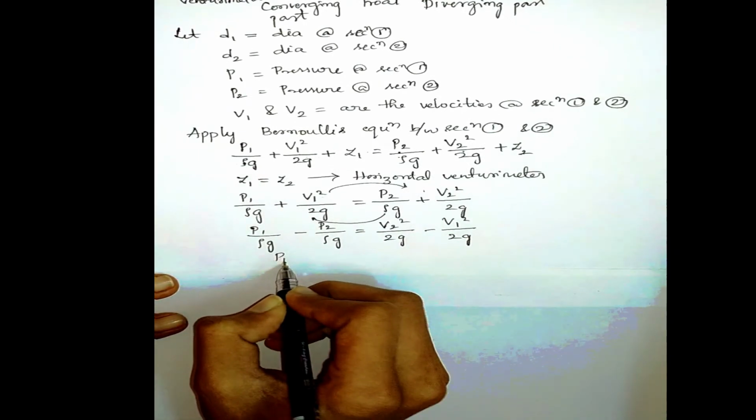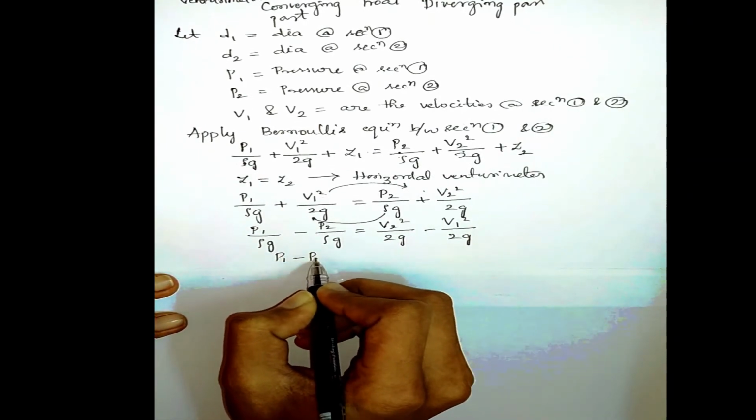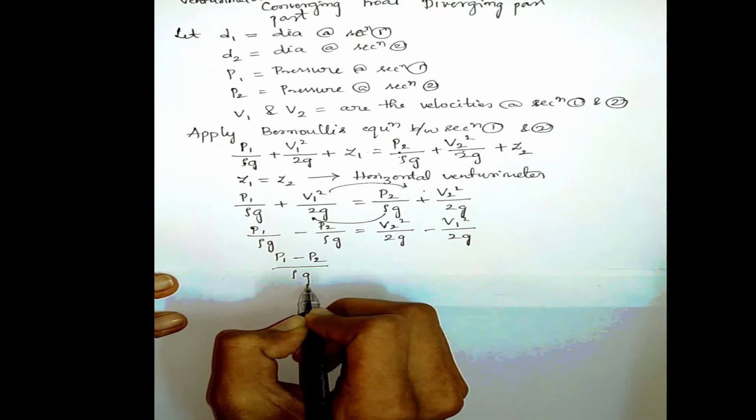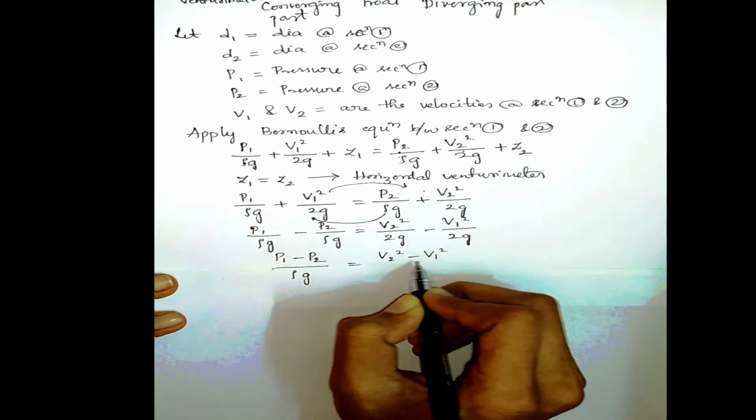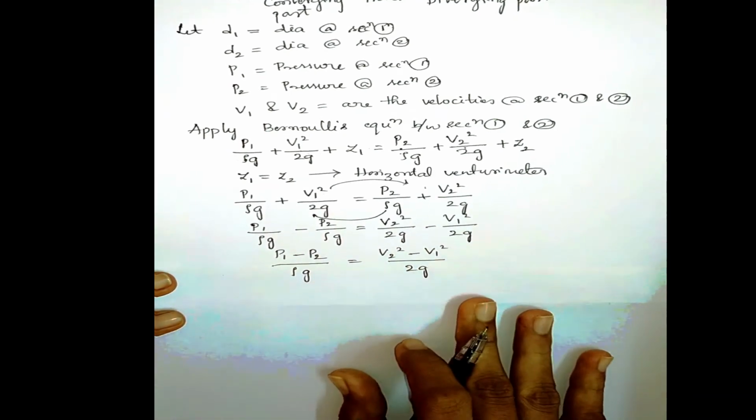Rearranging the equation, (P1 minus P2) by rho g is equal to (V2 square minus V1 square) by 2g.